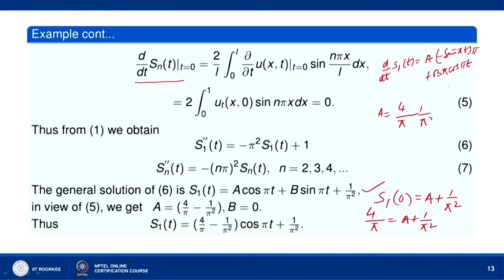When you put t equal to 0, what do we get? d over dt of S1 t at t equal to 0 gives b pi, but d over dt of Sn t at t equal to 0 is 0. This is valid for all n. So this gives you b equal to 0. A is 4 over pi minus 1 over pi square. So we get the value of S1 t: S1 t is 4 over pi minus 1 over pi square, times cos pi t, plus 1 over pi square.